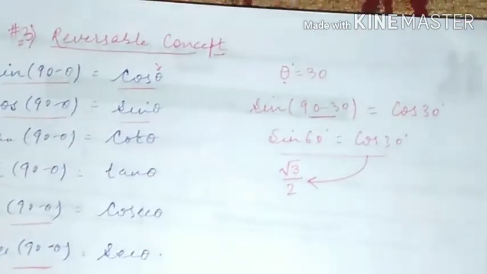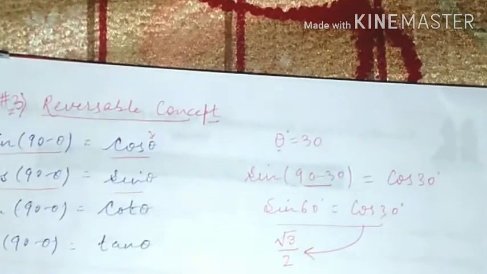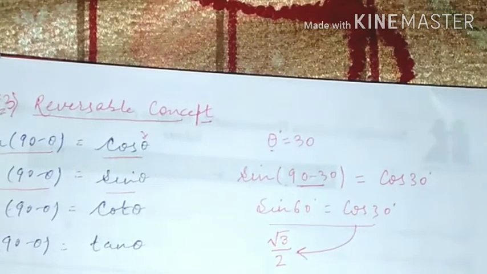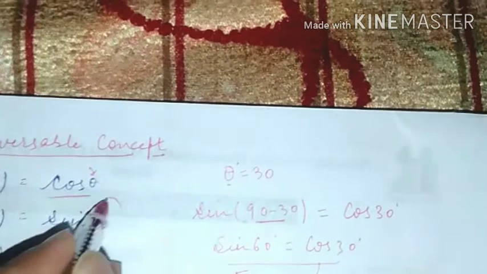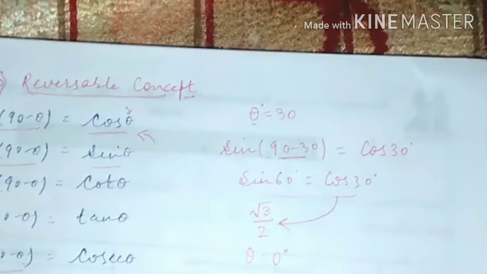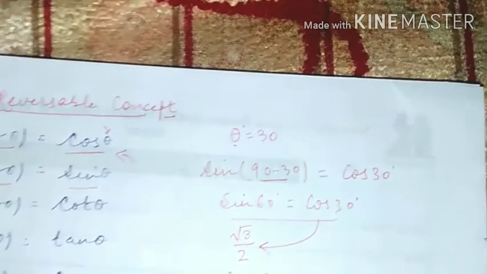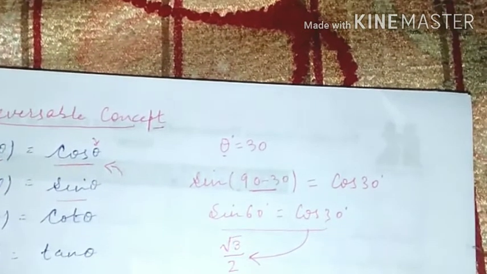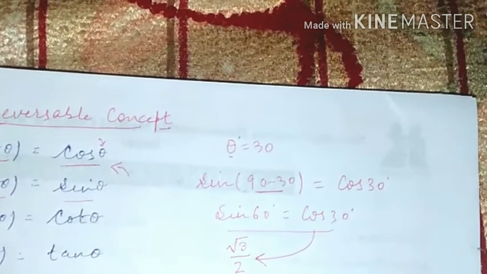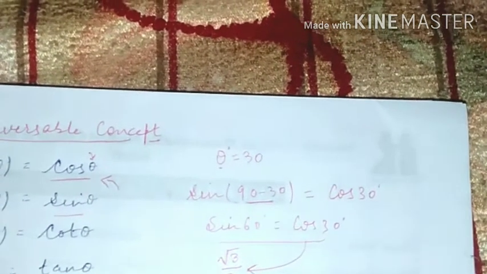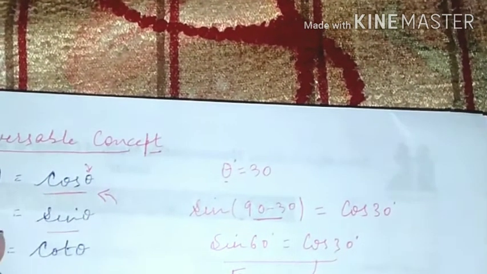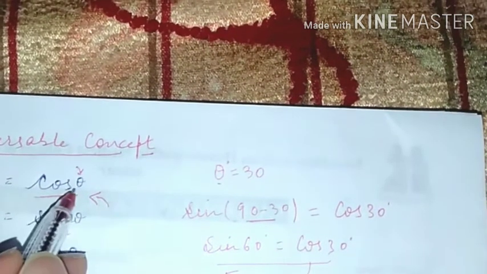Like you take another example, theta is equal to 0 degree. Take theta is equal to 0 degree for the same formula, this one. So what we have to write, sin 90 minus 0, which is equal to cos 0, because what value we have put over here, that should be for this one also.